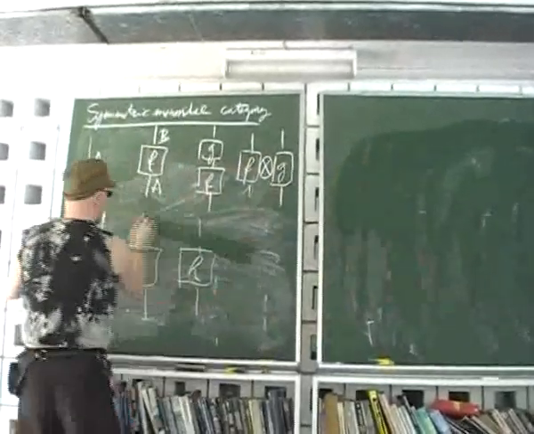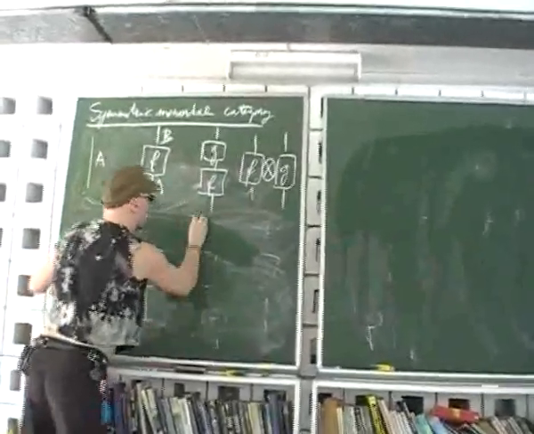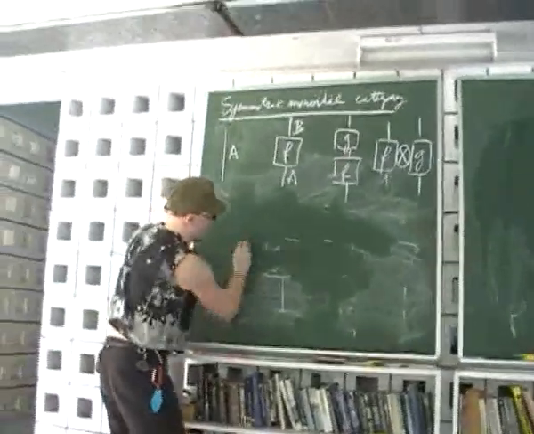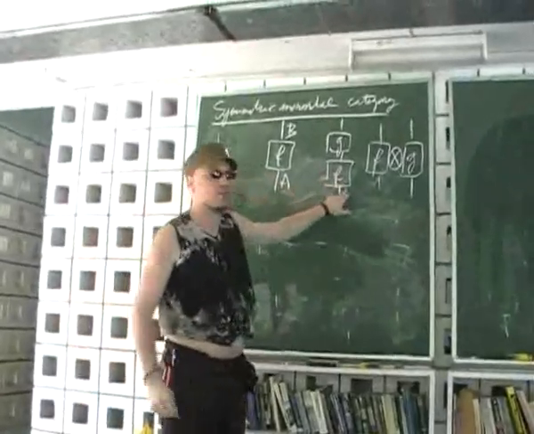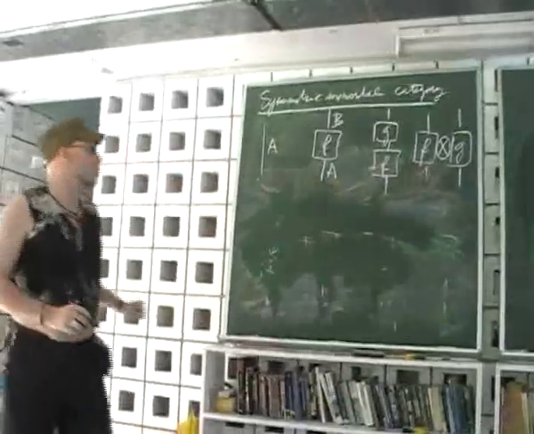So for now just think that we've got these systems and processes; we can compose them sequentially, and we can compose them in parallel. That's all so far.